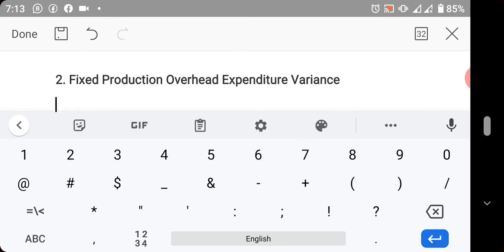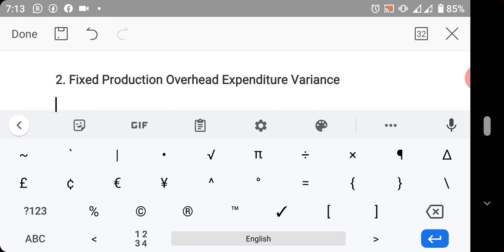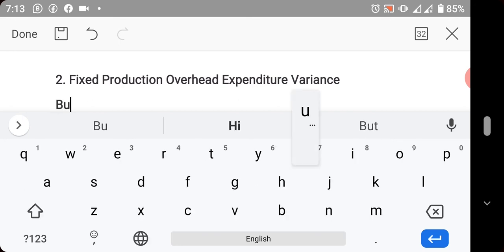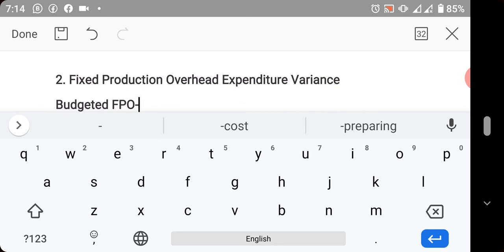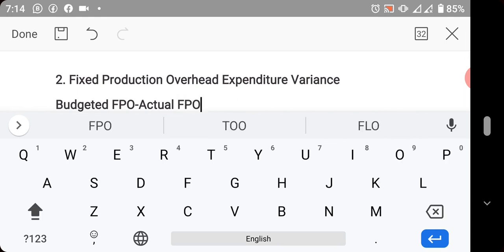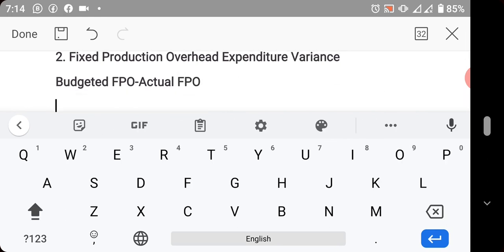It has a formula. The formula is budgeted FPO minus actual FPO. So what is our budgeted FPO?